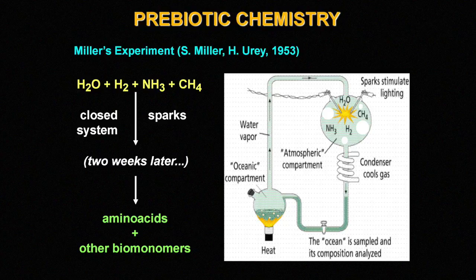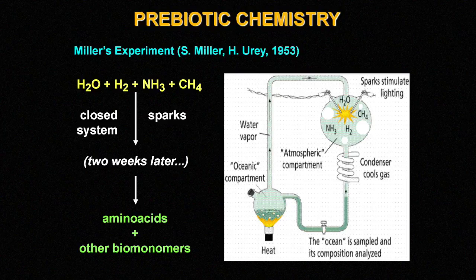He, because he was working alone, although he was working in Harold Urey's lab, he mixed the four gases that were considered to be present in the primitive atmosphere at that time, very reduced forms, okay, in a closed system, previously sterilized, of course, and some sparks resembled the energy that was present in the early Earth.